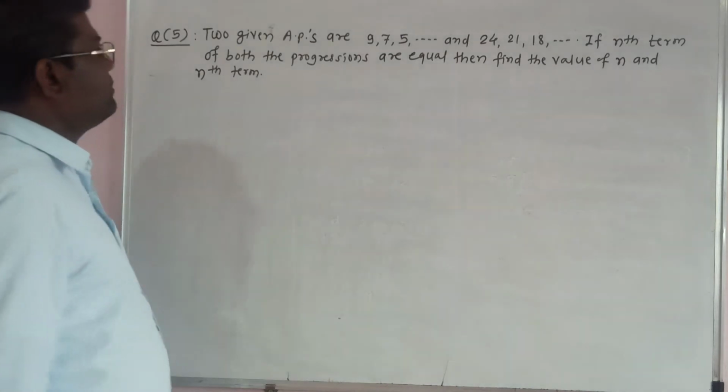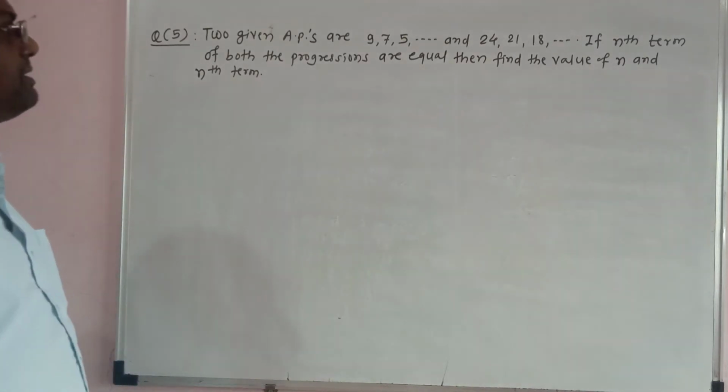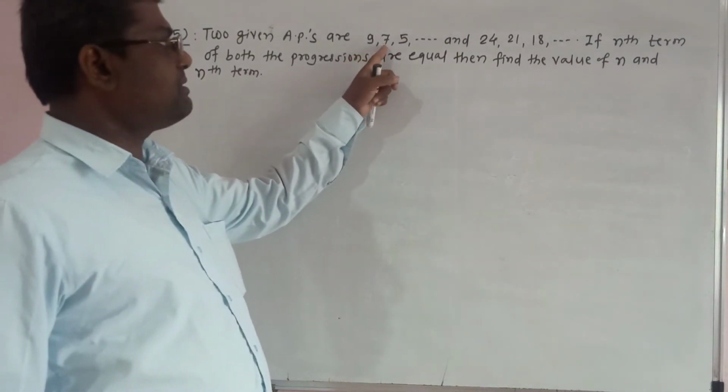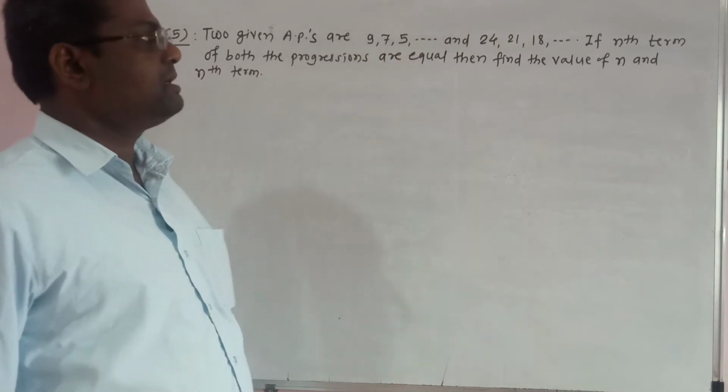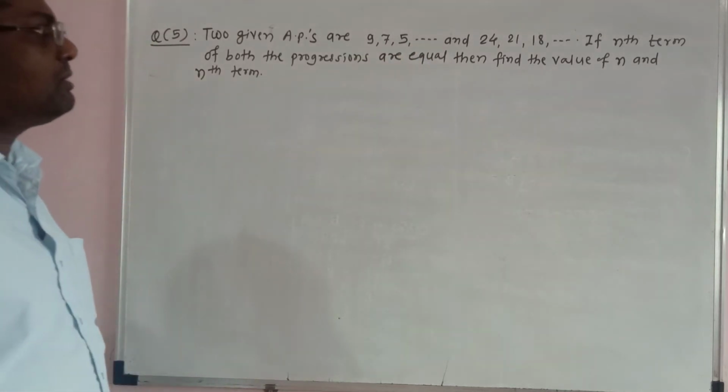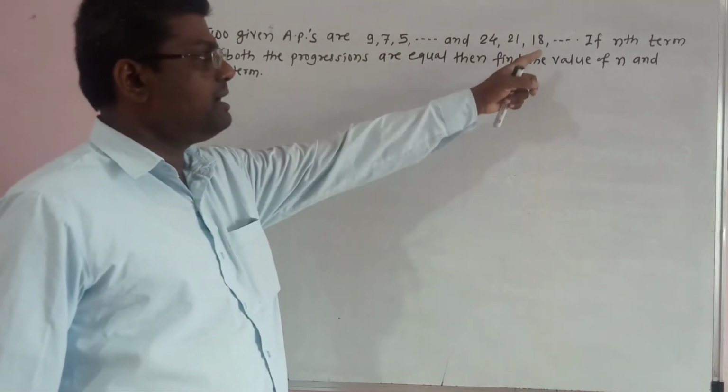Question number 5. Two given APs are 9, 7, 5 and so on, and 24, 21, 18.